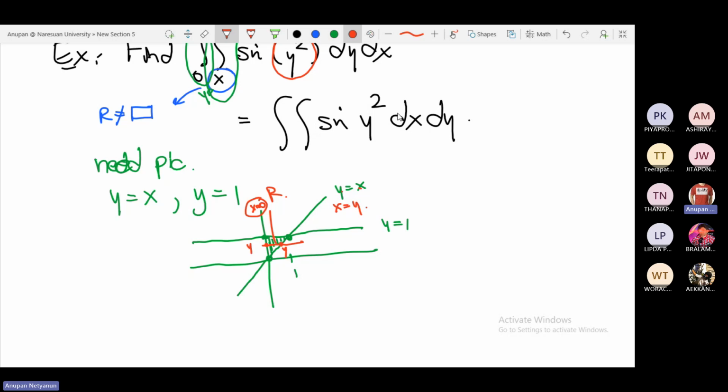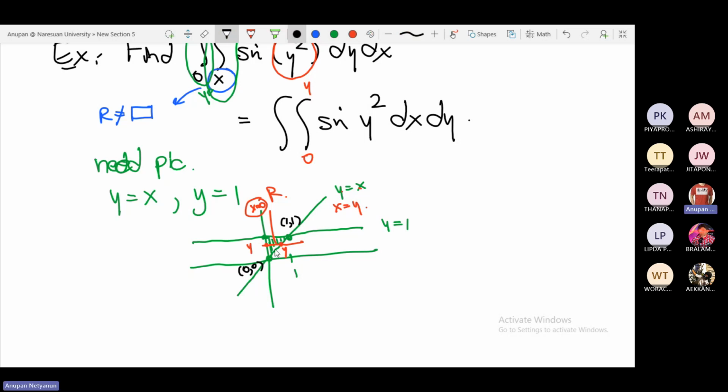So your running number starts from 0 to y for this constant y. Okay, and again, for the y value, I would say that this intersection point is at (1, 1). And this point is (0, 0).